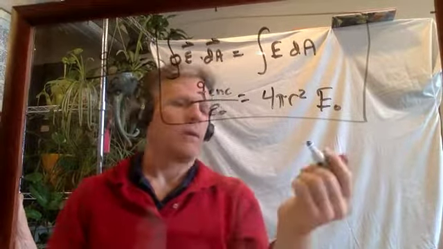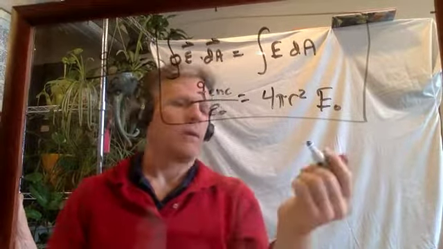So now all we're going to do is just some algebra because we want to determine what this E0 is. That's the whole point of this exercise. And we can just say E0 equals Q enclosed over 4 pi epsilon 0 r squared. Well, have you ever seen this term 1 over 4 pi epsilon 0?